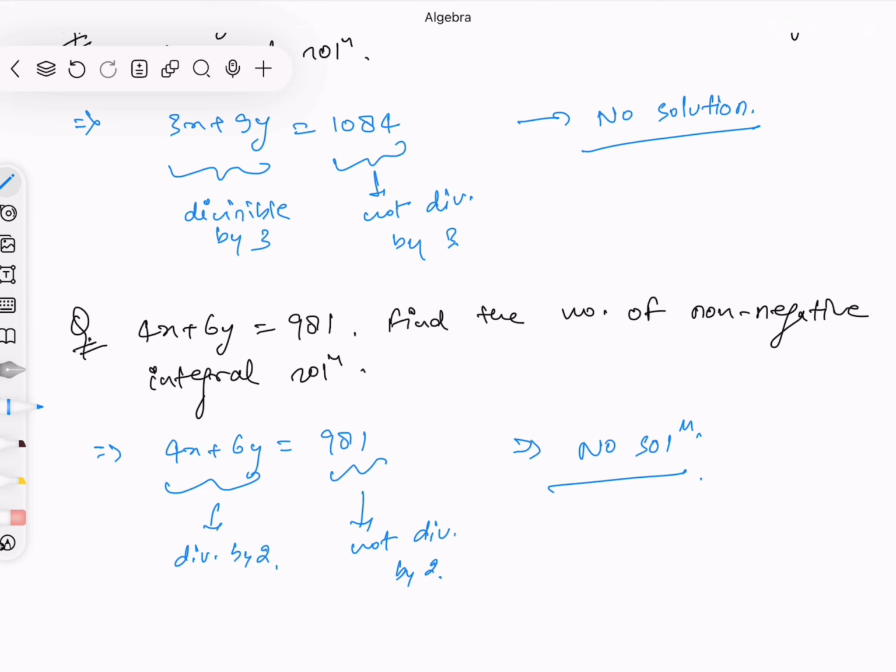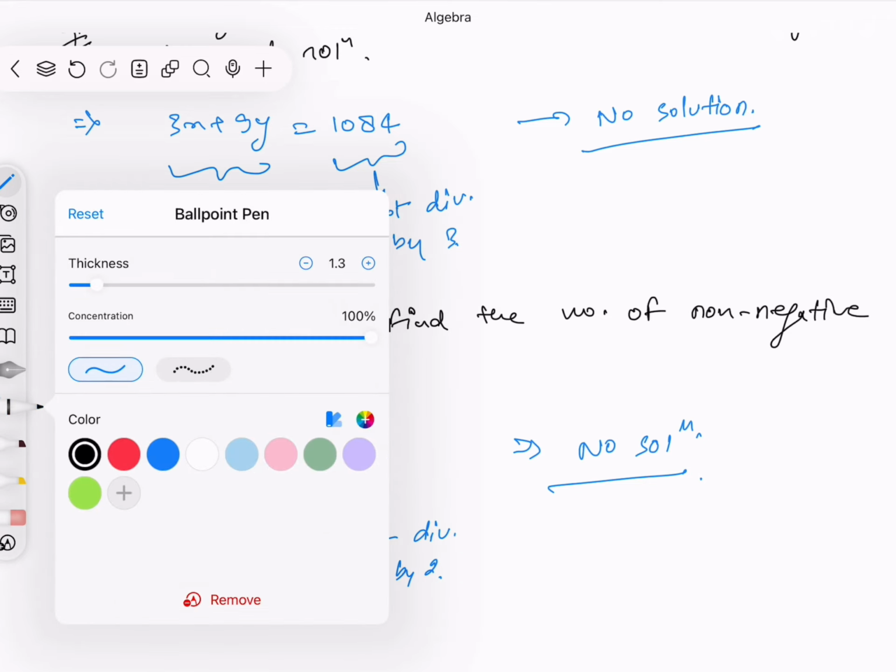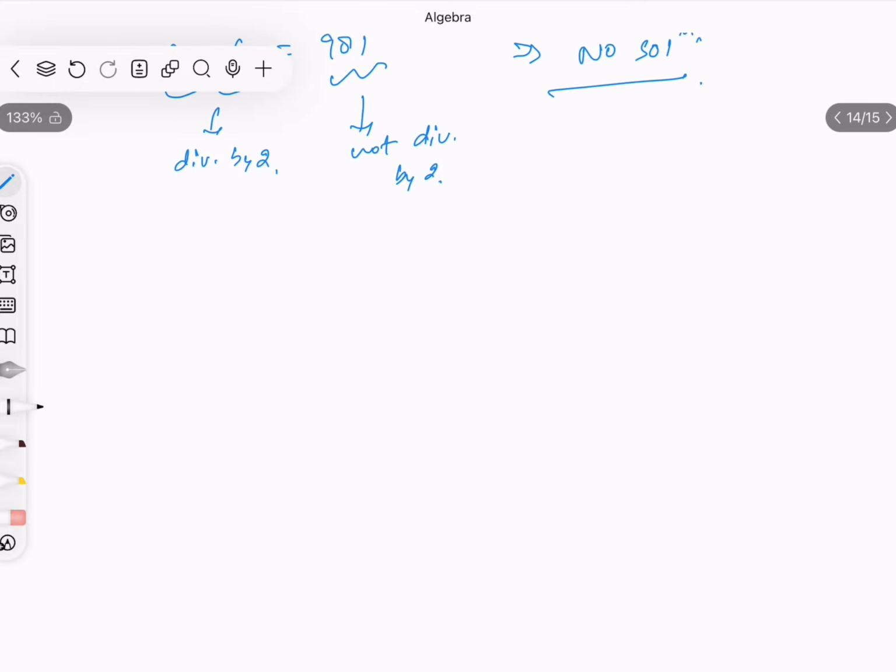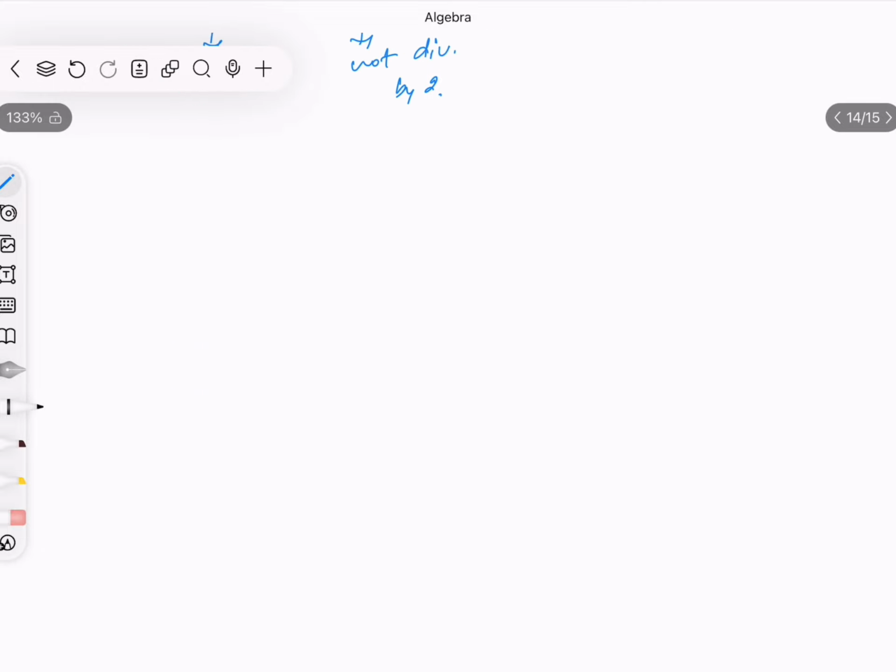Now there is one method that is highly followed where you get non-negative integral solutions and positive integral solutions. So it goes something like this where you have 3 different cases. Let's have a look at case 1.